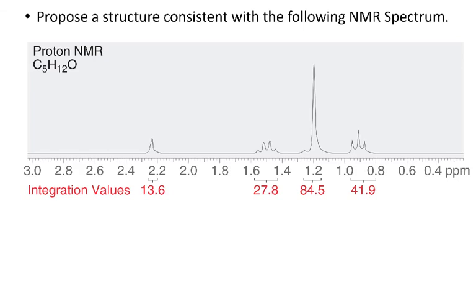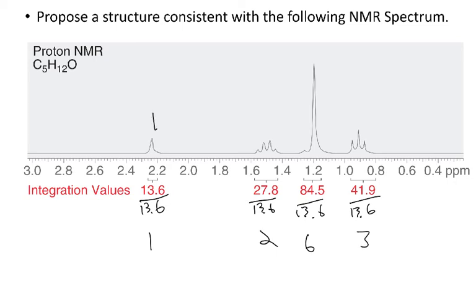Okay, here's another example. Now, in this case, they didn't give us the relative hydrogens, and so I'm going to need to calculate that. So I'm going to divide each one of these by 13.6. And I get 1, 2, 6, and 3.